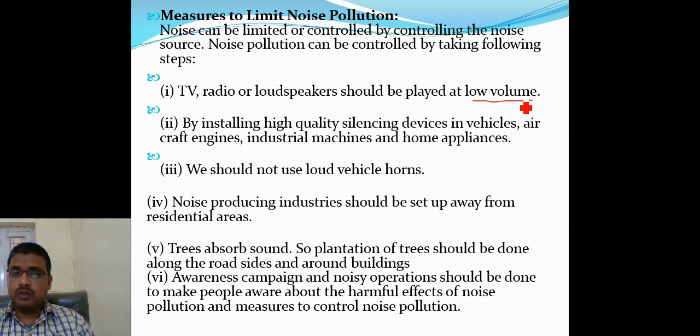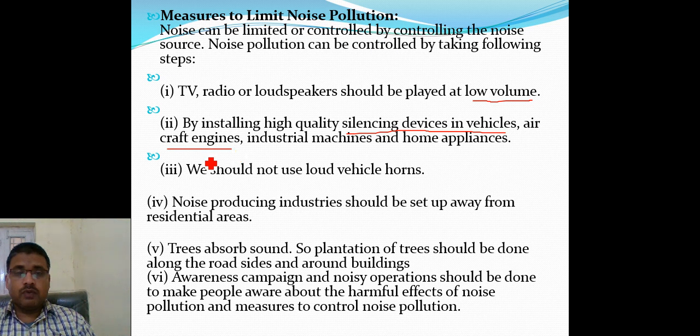If we keep a low volume, then noise pollution will not be created. And if we use a high quality silencer device in vehicles, then they do not create noise like an aircraft engine; they do not create much sound by which noise pollution is created.